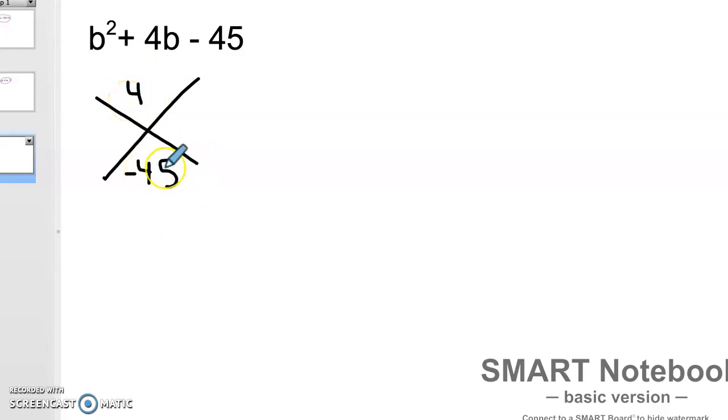So thinking of factors of 45, there's going to be quite a few, so we'll just start from the beginning. We have -1 and 45. Is -1 times 45 equal to -45? Yes. But does -1 plus 45 equal 4? No, that doesn't work, even if you switch the negative to the 45. So I'm going to move on.